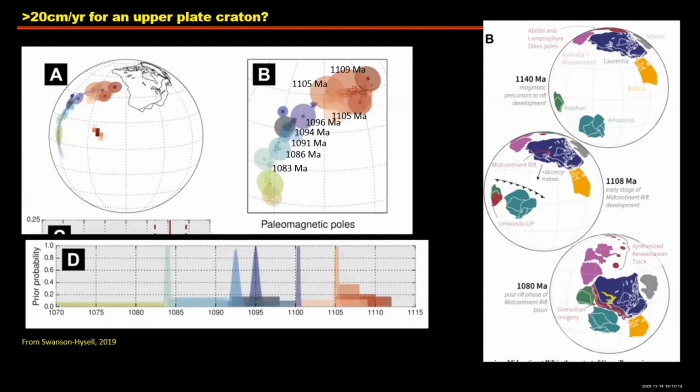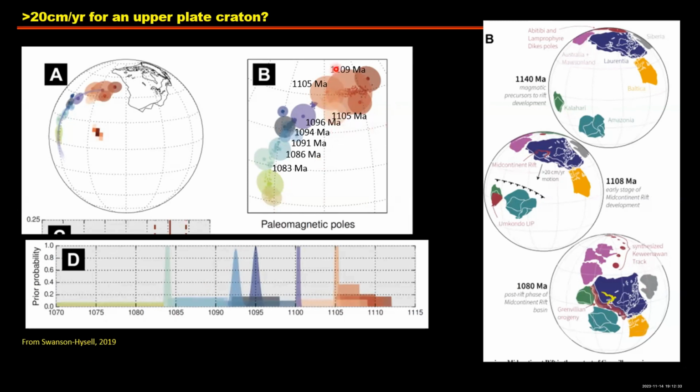That's strange also. Another inconsistency comes from the paleogeography study by Swanson-Hysell et al., who dated several layers of volcanics in that mid-continental rift, and he reconstructed the paleogeography of Laurentia from these layers.